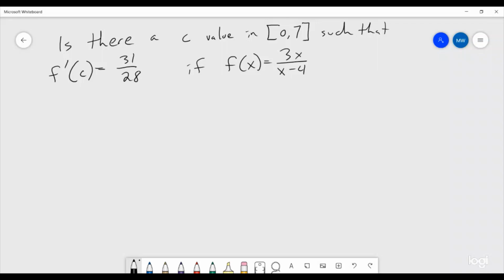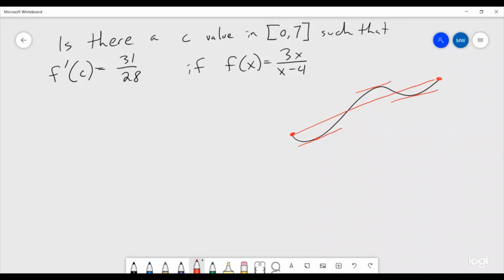Okay, so remember the mean value theorem says that if we have a function that does something like this, and you take two endpoints and you connect them with a line, the slope of this line is going to be equal to the slope of the tangent line somewhere else on the curve. So maybe at this point, the tangent line's parallel. Or here, same thing, or here, same thing.